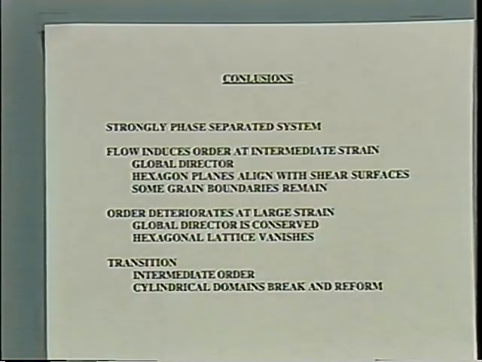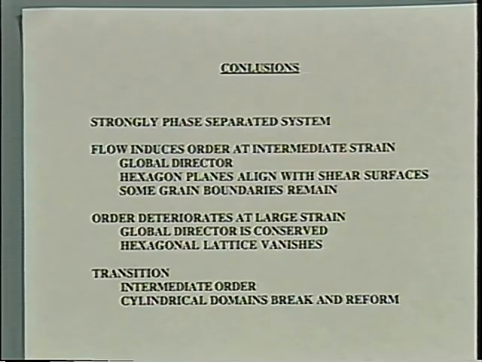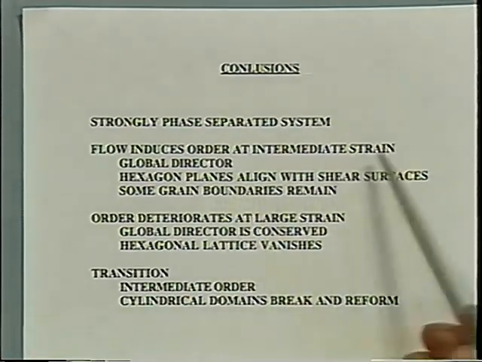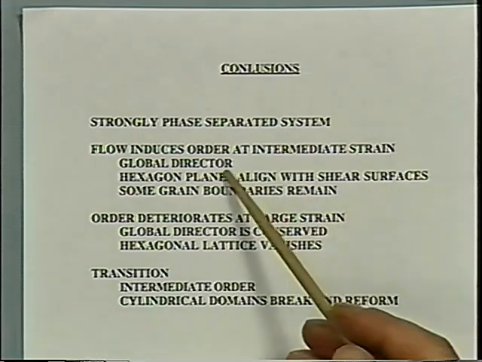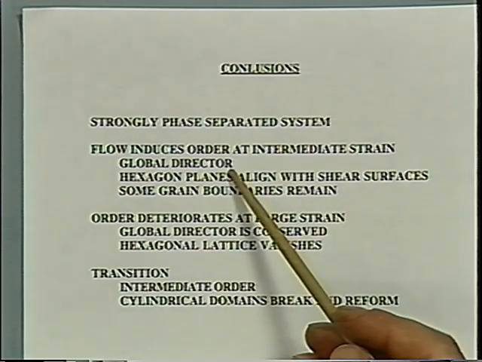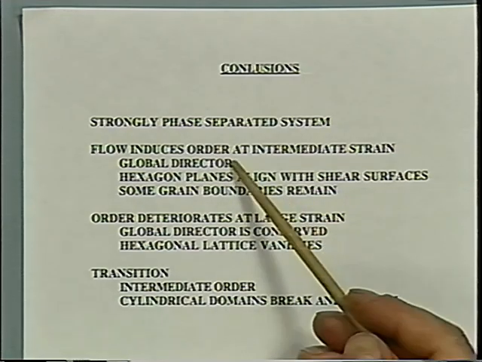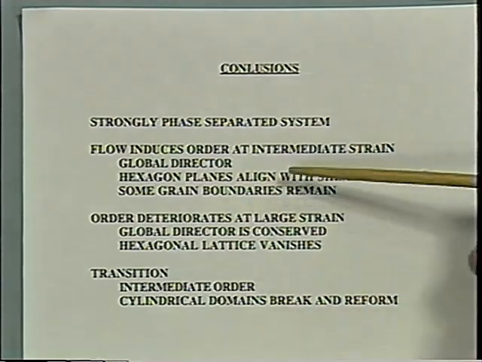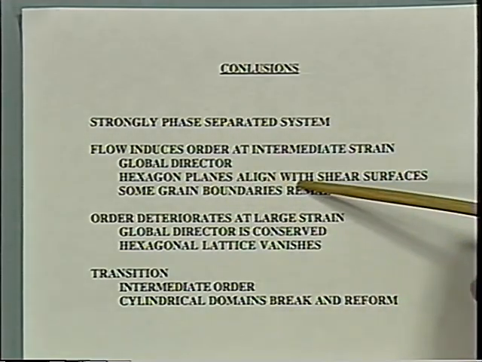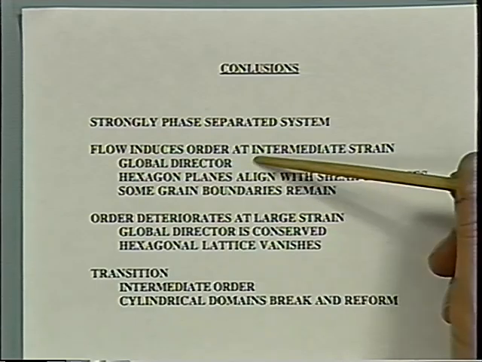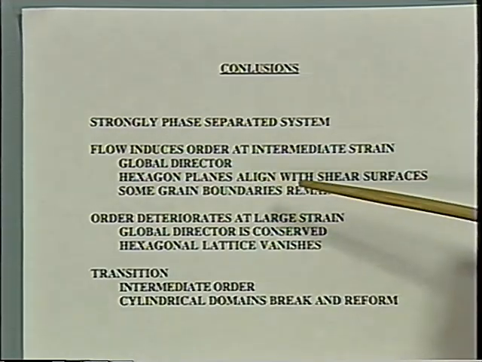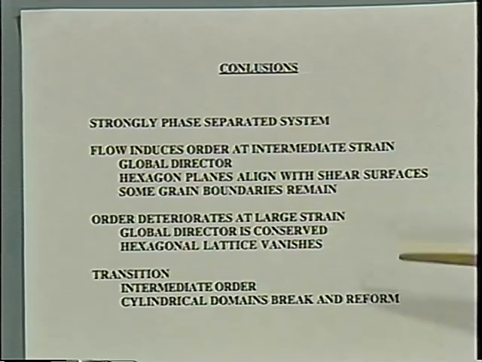So to sum up this part here, I have some conclusions. For that strongly phase-separated system, we can say that the flow really introduces order at intermediate strains, and we are able to get a global director for the entire sample. There are some defects in the material, but not only the director is showing order, the hexagon planes are also aligned, and the combination of those two are needed to describe the order in that system.